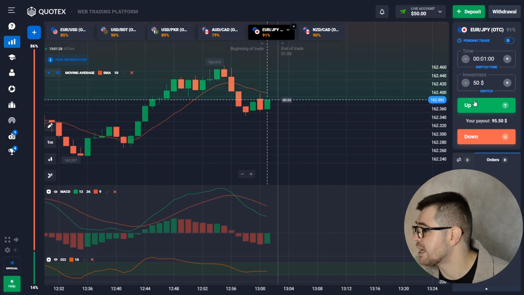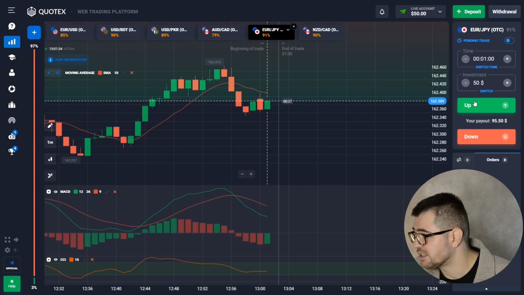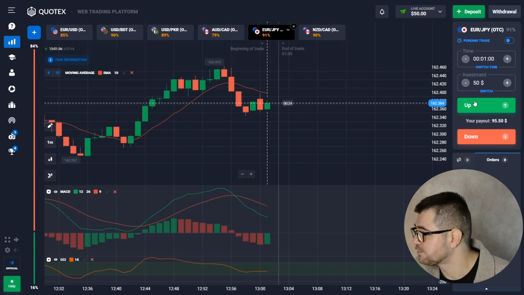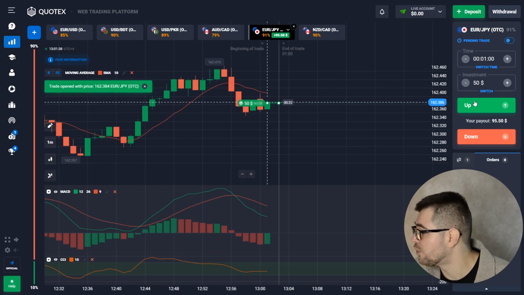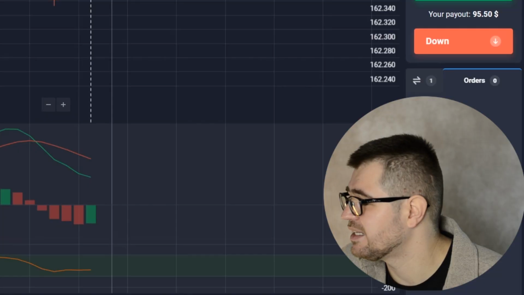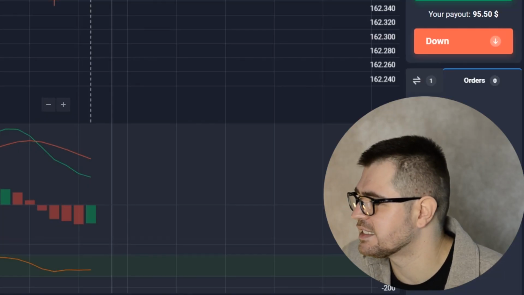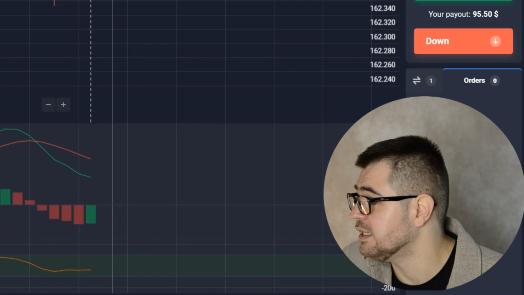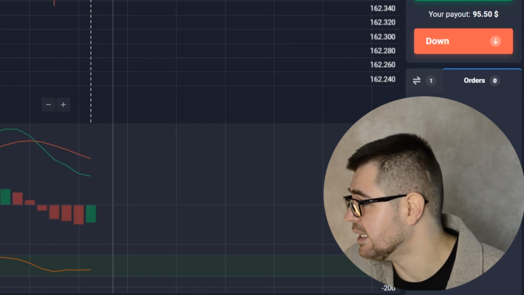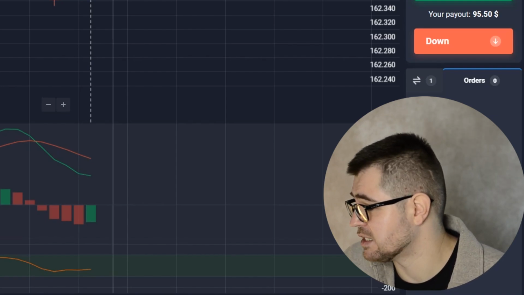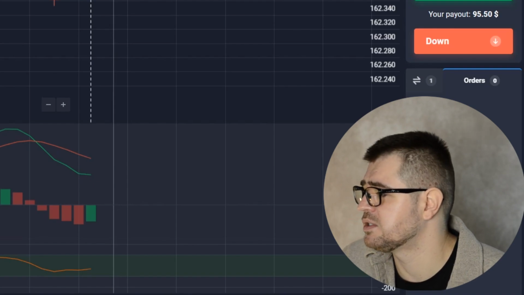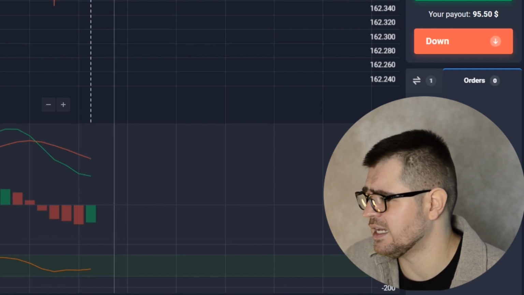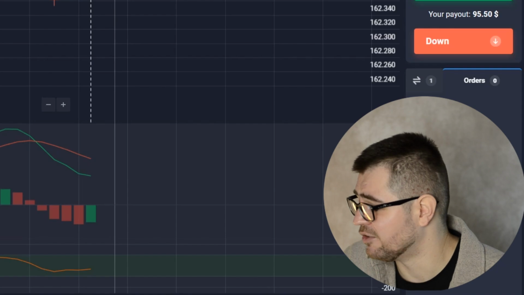I'm gonna go ahead and make a call option for $50 because we are at the verge of the support levels first of all, and then when it starts collecting like this below the MA, which is actually the moving average here, SMA, it's acting as a resistance level at this point.